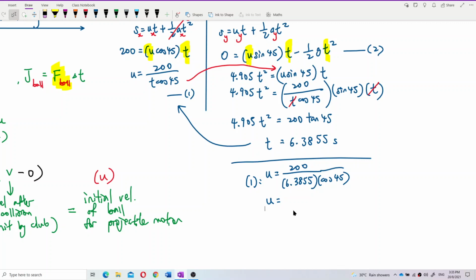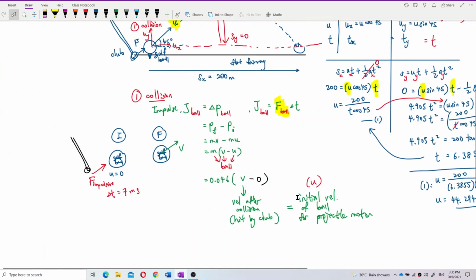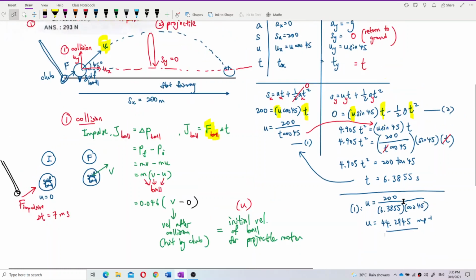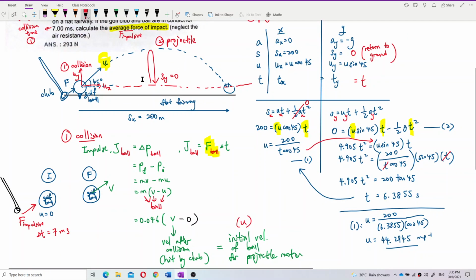So I got my u as 44.2945. That's the initial velocity of the projectile. We got the initial velocity of the projectile already.